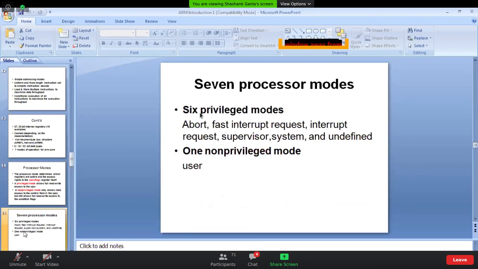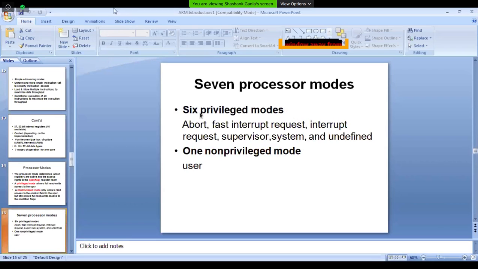Okay, let's proceed. So the 7 modes of operations are broadly divided into privileged mode and non-privileged mode.